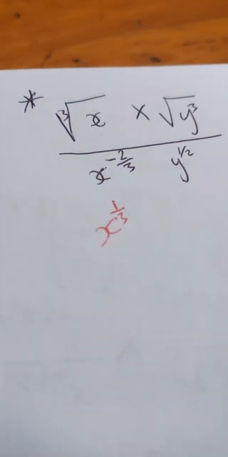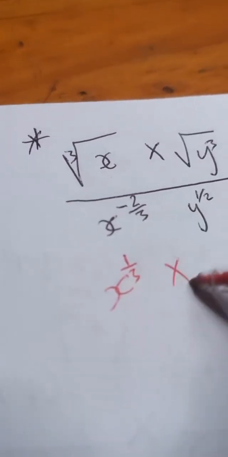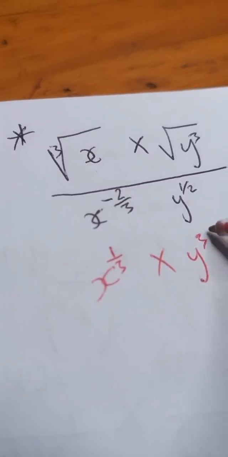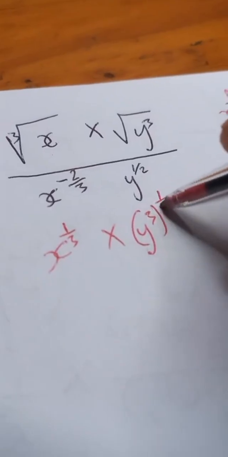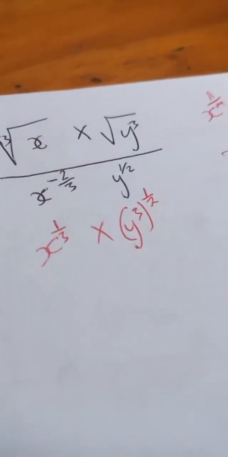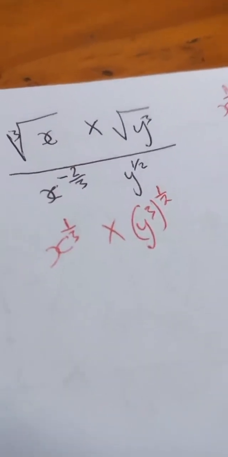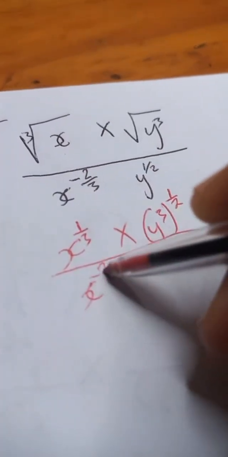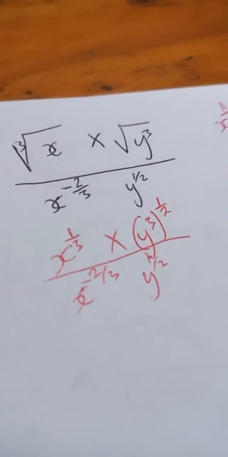So this is going to be x to the power 1 over 3, because this is cubed, the 3 is at the bottom, times y to the power 3, in brackets, and then they have a power half, all over x to the power negative 2 over 3 times y to the power half.